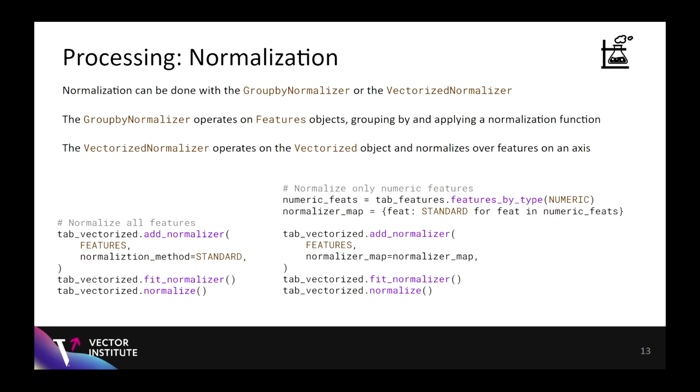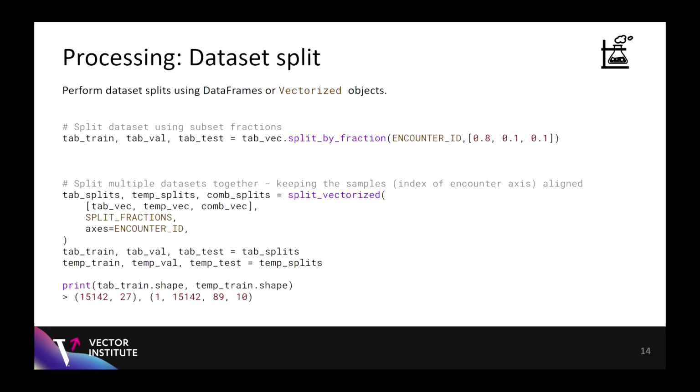You can see here on the left that we are normalizing all features for this tabular data, and you just put in the normalization method, or you can specify things within the axis to normalize. Here we're only normalizing numeric features on the right. So that's some nice flexibility.